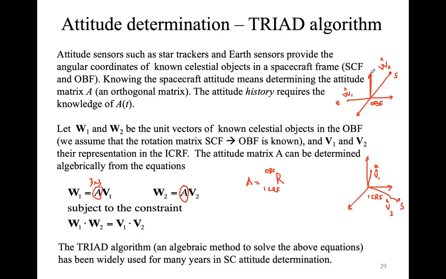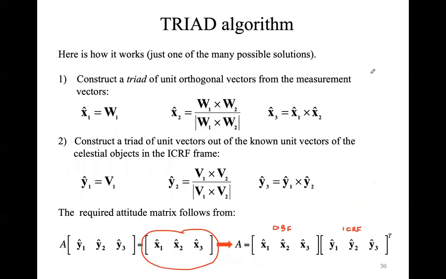When you do the TRIAD algorithm, you are choosing that 1 observation is better than the other one. Because when you construct the TRIAD algorithm, the cross product of W1 and W2 removes part of the information of W2.